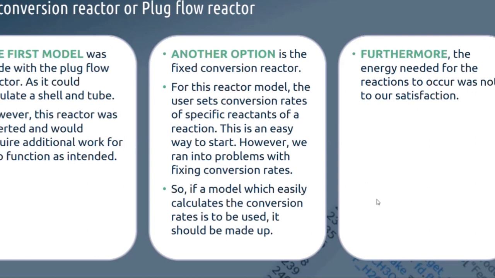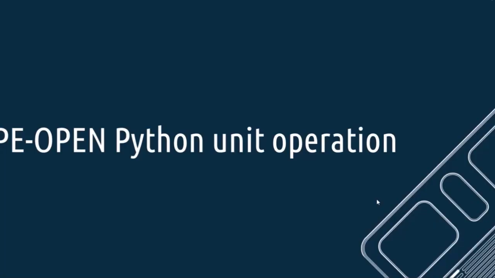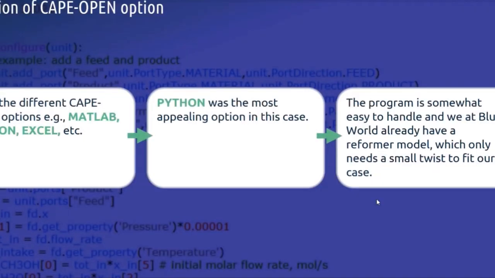And furthermore, the energy of the reaction also needed to be accounted for, as we needed to know how much heating oil we would have to flow through the reactor to keep the temperature. So that made us come up with the CAPE-OPEN Python unit operation, because we had different CAPE-OPEN options such as MATLAB, Python, Excel, SciLab, and so on.